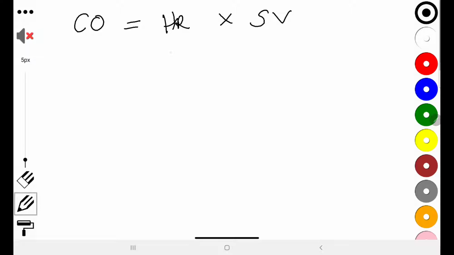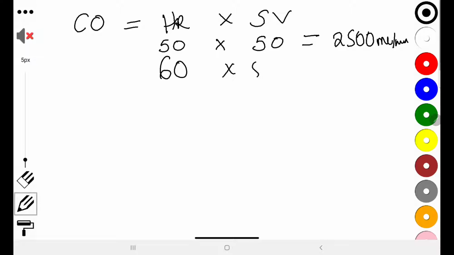If you have a heart rate of 50 and a stroke volume of 50, what is your cardiac output? In this case, you're talking about an output of about 2,500 mils per minute. What if your heart rate increased to 60? You would think that in this case, you have one of 3,000.